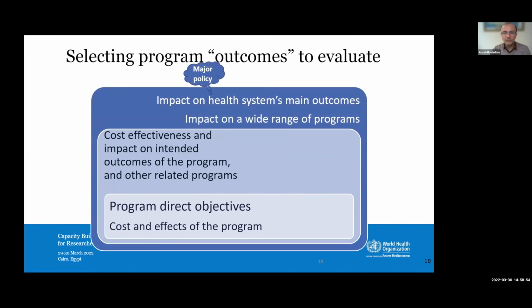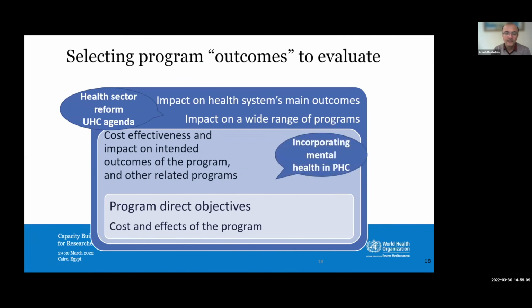If it's a major policy that is affecting elements of the health system as a whole, you really need to think widely. For example, if you're thinking of the UHC agenda or health sector reform, you cannot focus on only one or two indicators for monitoring and evaluation. Let's say your program is incorporating mental health in PHC. It's a big program, but limited to a certain setting. Don't look only at mental health elements.